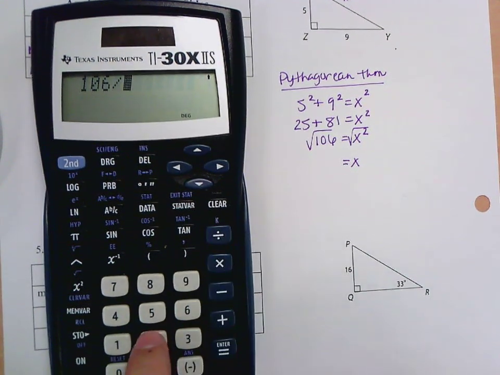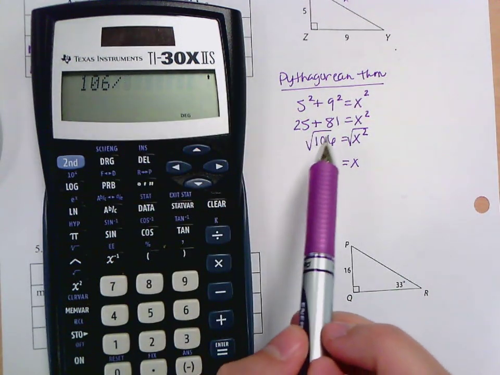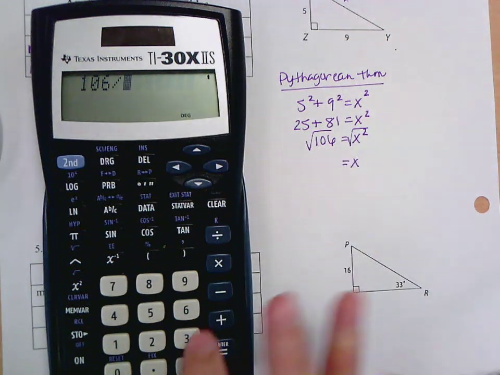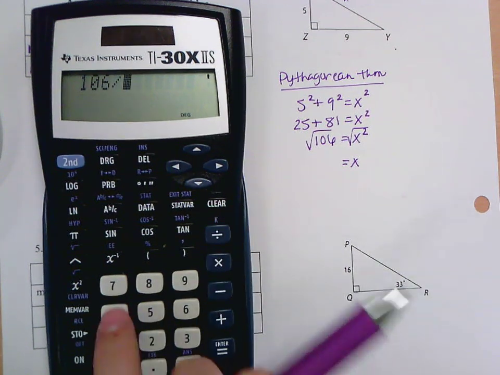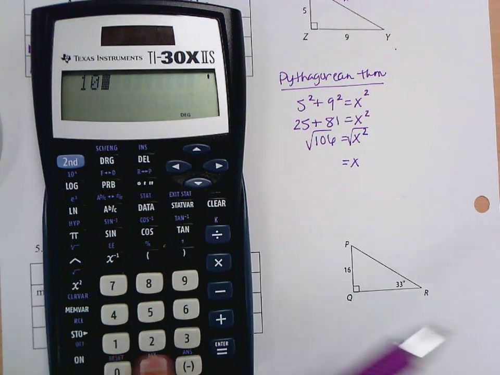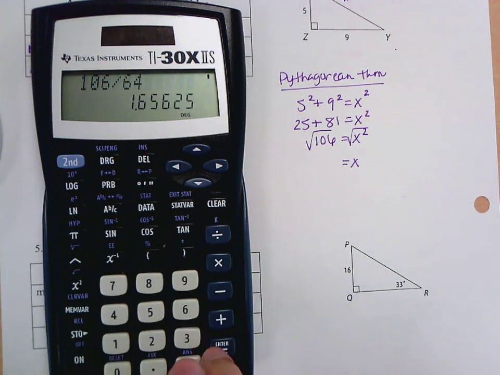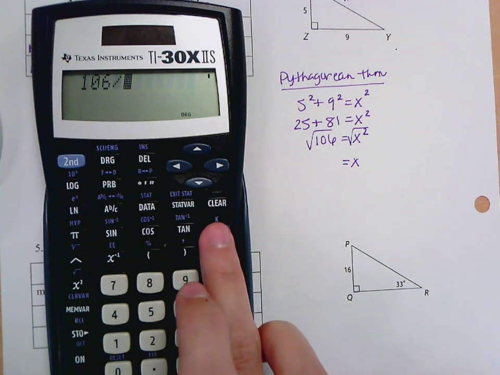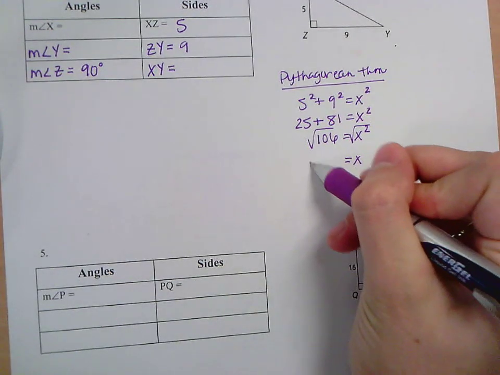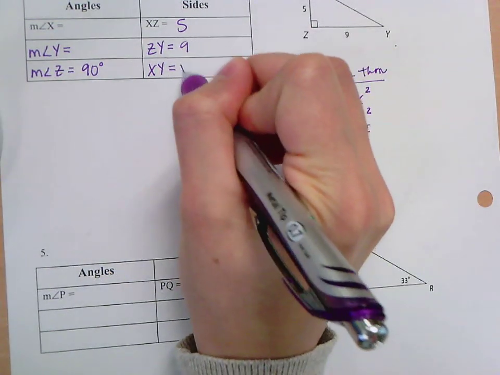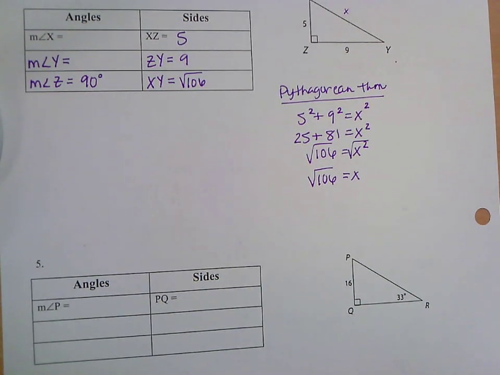No. 25? I know 25 is not going to work because it doesn't end in a 5. 36? No. 49? No. 81 isn't going to work. So it's already simplified. So exact answer is just leaving it as the square root of 106.